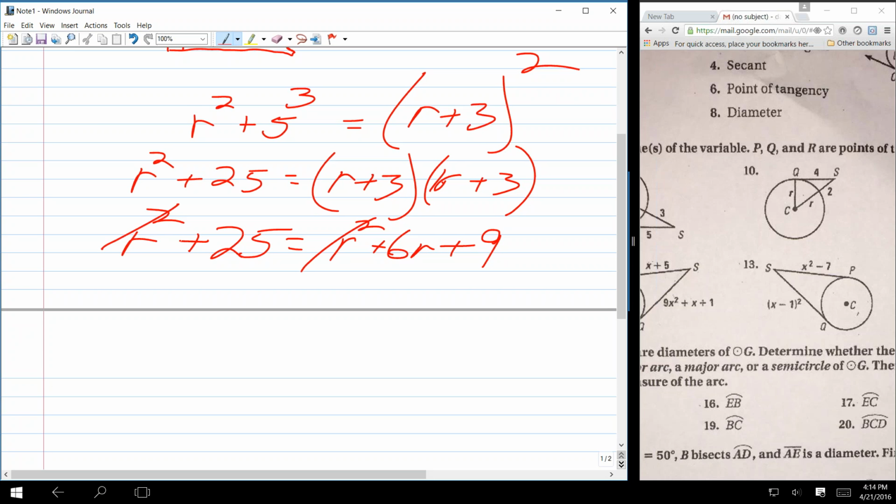Why? Because they are both being added to everything else. In other words, all I'm really doing is subtracting r squared from both sides, right? Yeah. Now you have 25 equals 6r plus 9. Solve that.